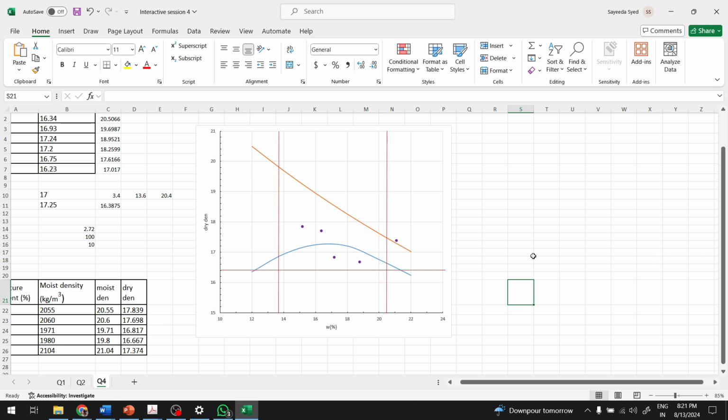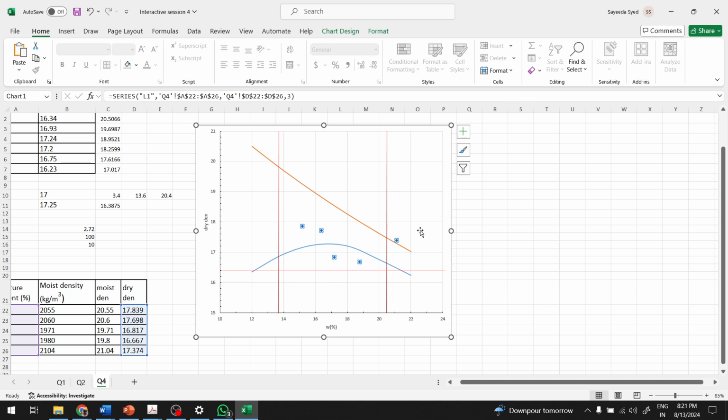there is a location, location 5, in which our point is even above the ZAV line, which is not possible. So we can say that the calculation or determination of this point must be erroneous. This has some kind of a problem with it.